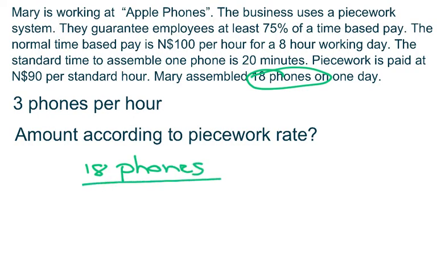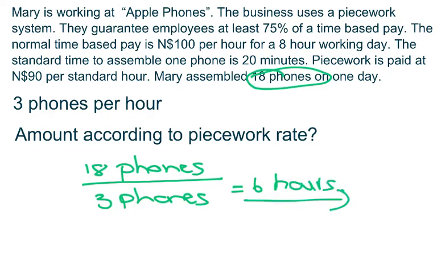So it's 18 phones divided by 3 phones equals 6 hours. So now we know that we are supposed to pay Mary 6 hours at the piecework rate of $90.